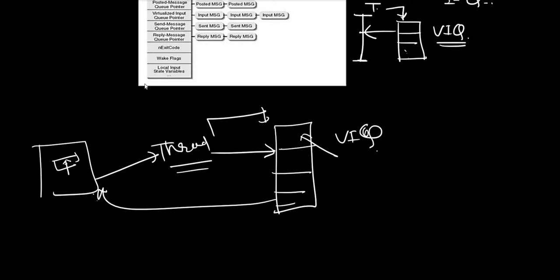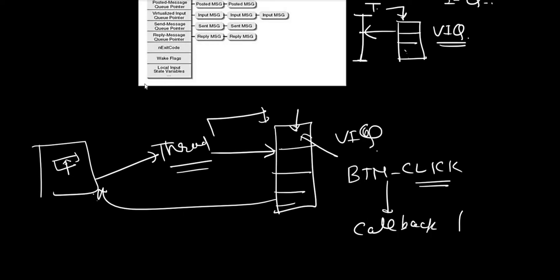As soon as the virtualized input queue gets a message, suppose btn click, then based on this message it calls a callback function.